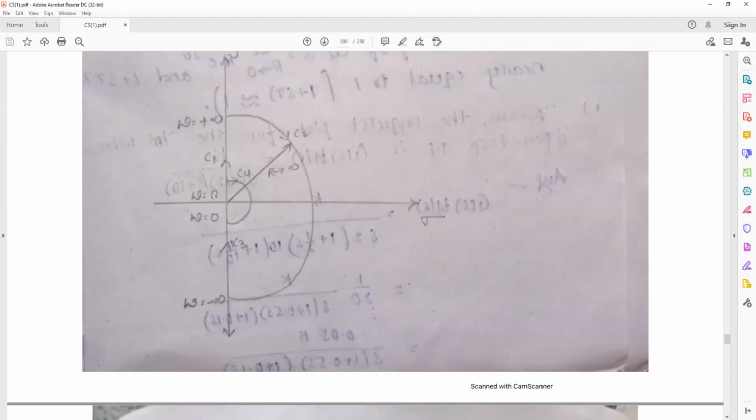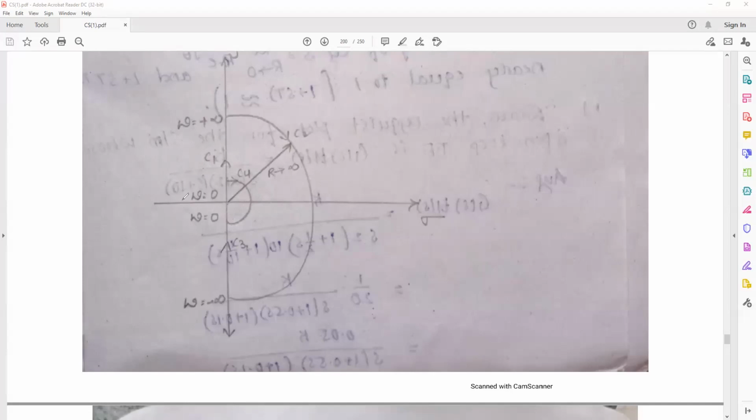So omega equal to 0 to plus infinity and omega equal to 0 to minus infinity. This is the encirclement. This is the mapping of section C4. This is the mapping of section C1. And this is the complete mapping of section C2.